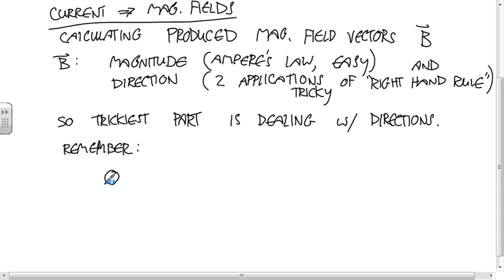That's out of the board, yep. And then one that's going into the board is an X. So just think of it as an arrow. This is the point coming towards you, and this is the feathers leaving you.